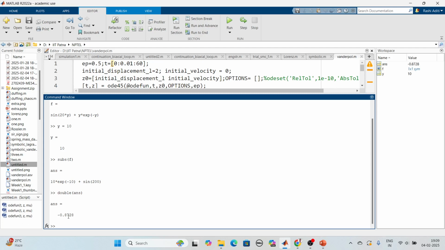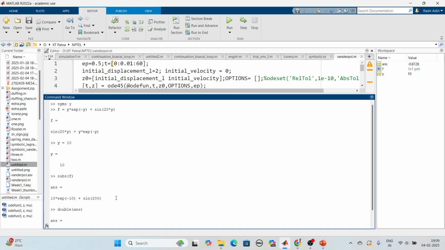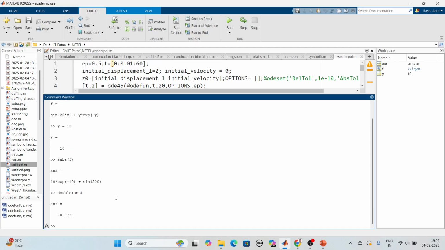So in that case, we use symbolic functions. We use these softwares wherein we can get accuracy along with simplicity of solving those equations. Okay, so that is why it is important that we learn the symbolic tools because then it will make our life much easier.